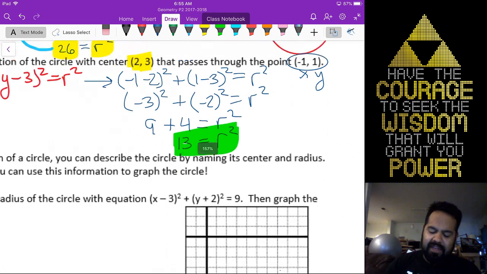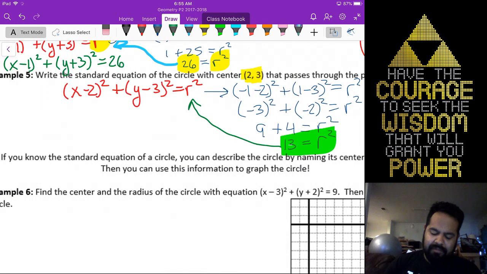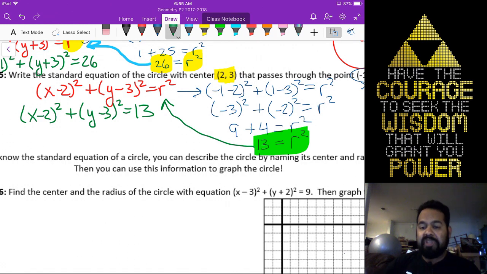So we're going to go ahead and replace r squared right here to get our final equation. There you go.